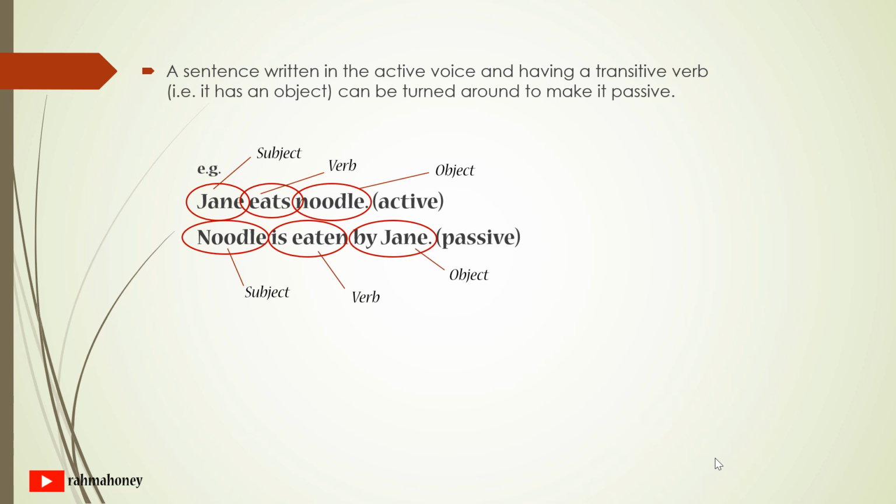The object of the active becomes the subject of the passive. And for the verb, it must be in the form of to be plus verb 3. And the object, it must be in the form of by agent. For the object, by Jane is in the form of by phrase or by agent. Noodle is eaten by Jane is the passive of Jane eats noodle.